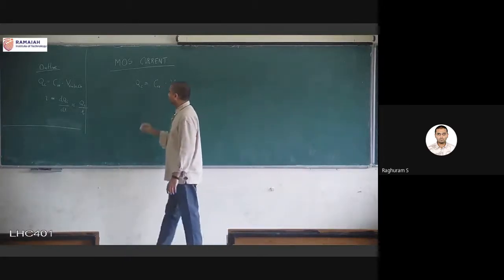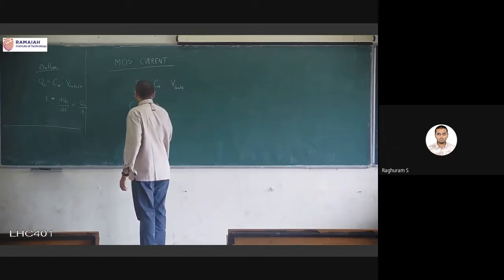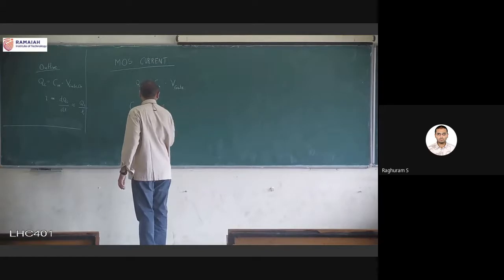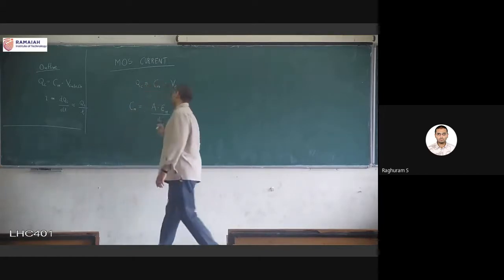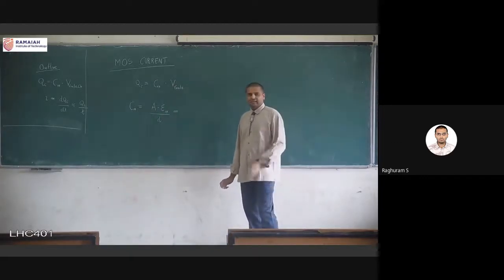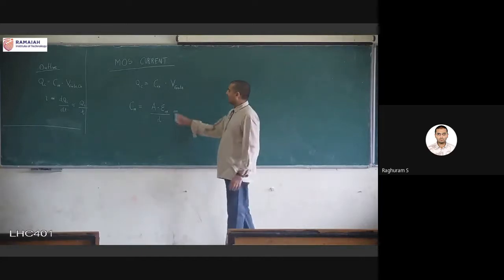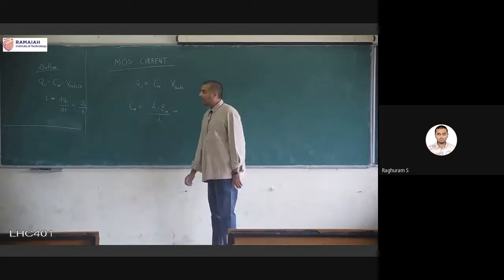So first let us look at Cox. This is the general expression for capacitance, A epsilon naught by D. In our case, A is given by the area of the transistor.